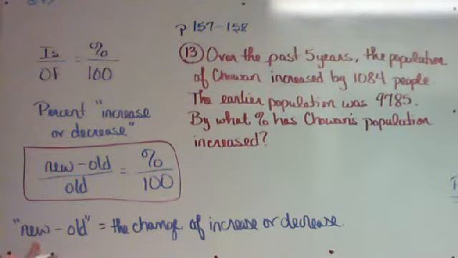The new value has to go in front of the old value to get your amount of increase or decrease, which is why up here it's new minus old over old. Always make sure you put the new first. My students shortcut it by calling it n minus o over o, so they put n's and o's in those places instead of writing it all out.